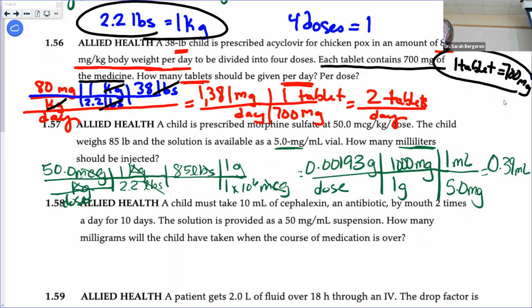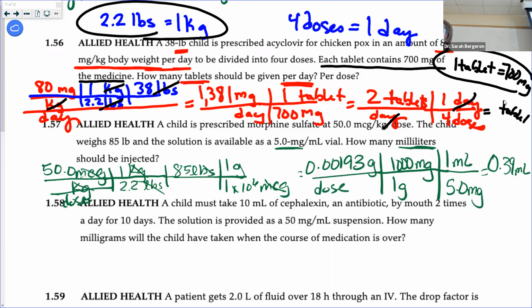Per day. So 4 doses in 1 day. So if I have days on the bottom, what am I going to do? I want days on the top. 1 day, 4 doses. My days cancel.